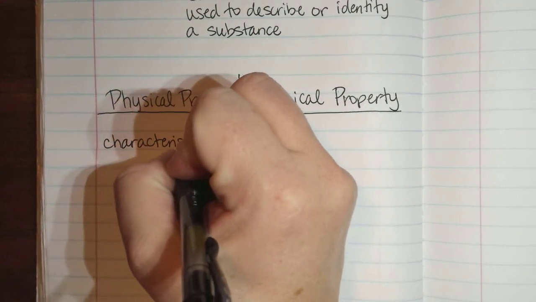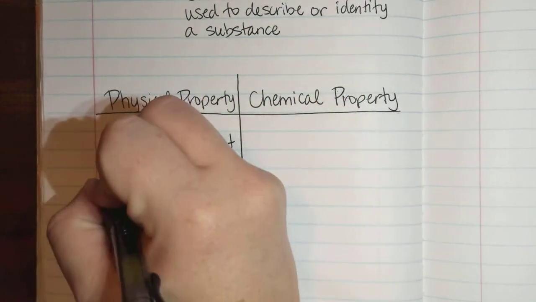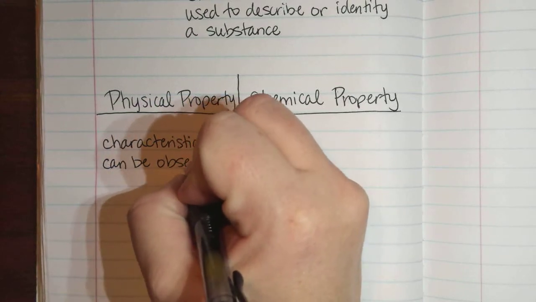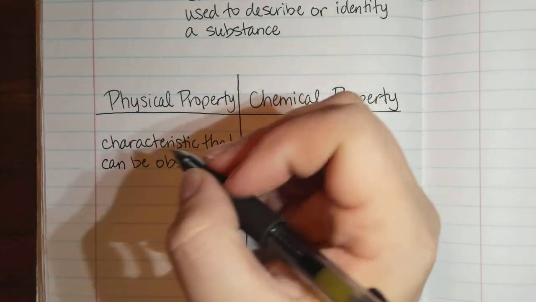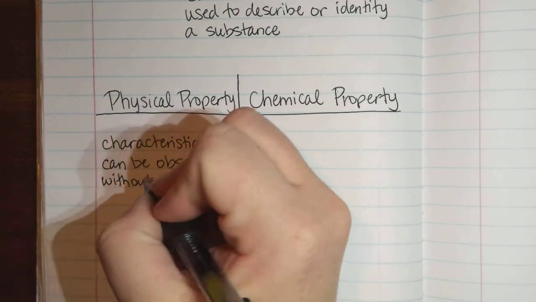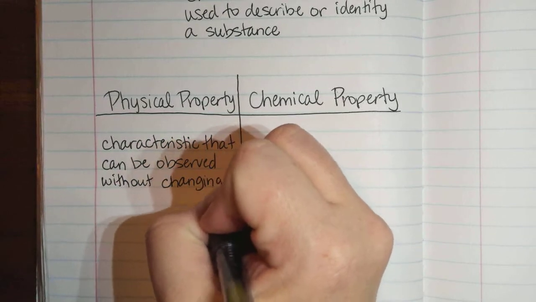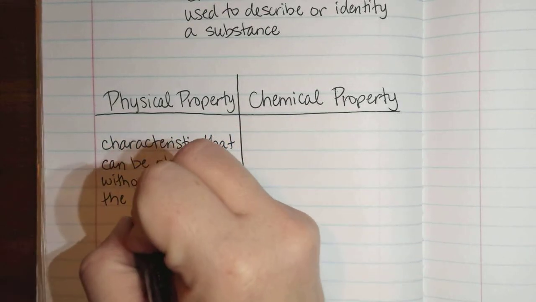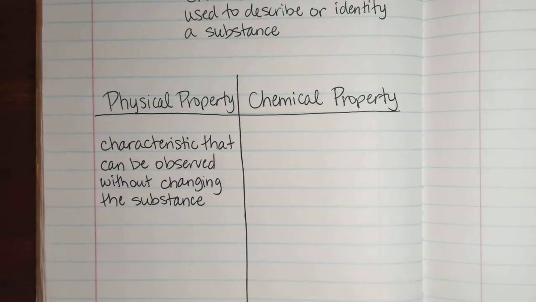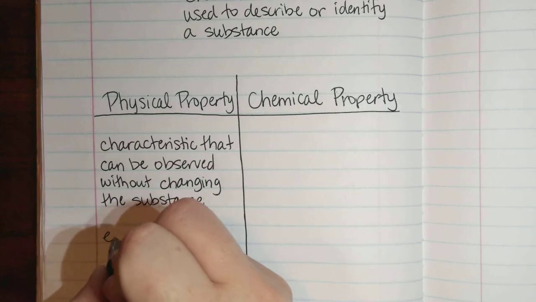A characteristic that can be observed without changing the substance. Okay. We're also going to include some examples.